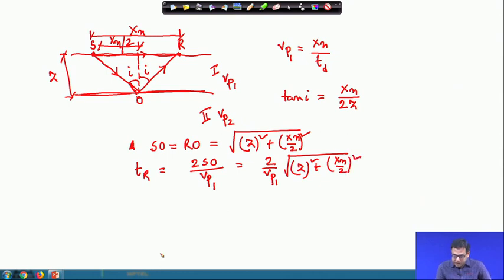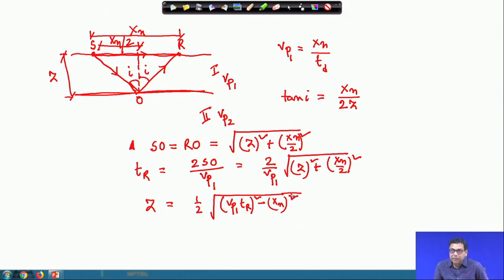Now, how can I determine z? z will be equal to half root over V P 1 T r square minus x n square.